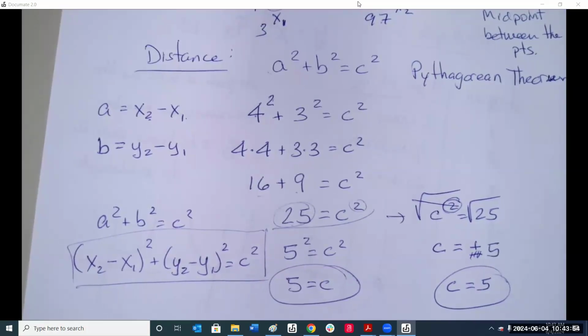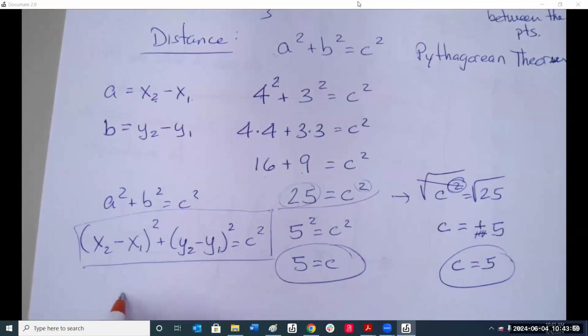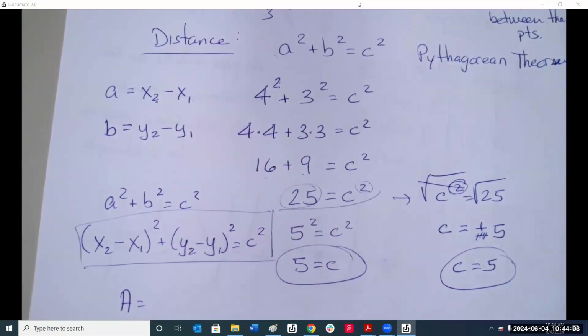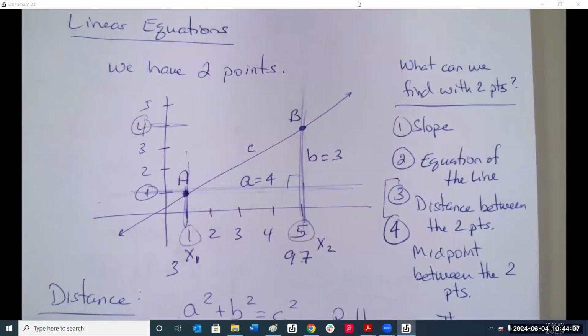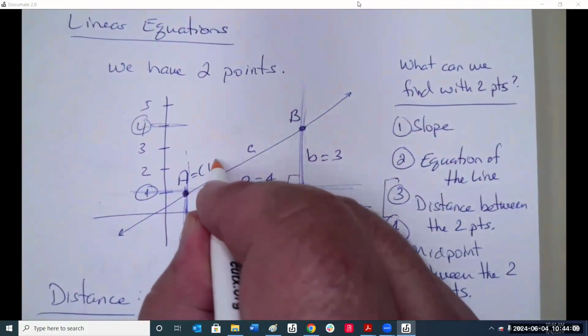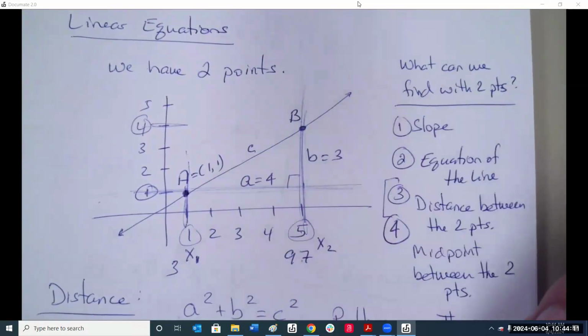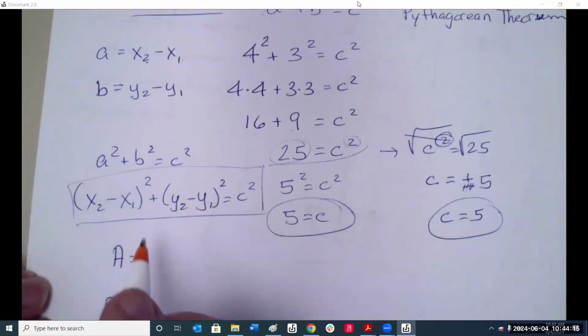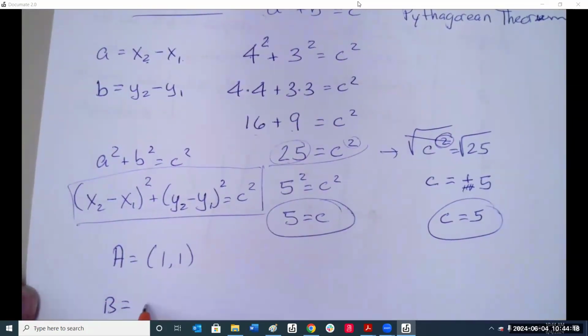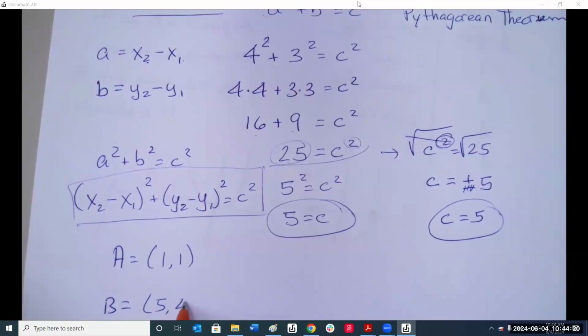Now, how do we get those values? What is point A and what was point B? What's the location of point A? A is 1, 1. What's B? So A was 1, 1, B was 5, 4.